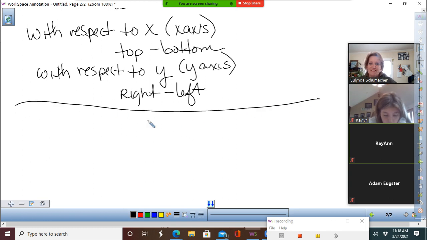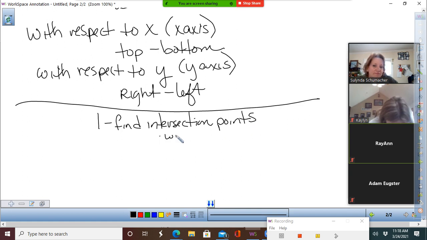So here's the deal. I'm going to give you some steps that I think it's easiest to follow. So step one, what you want to do is find the intersection point. All right, and you can do that either with the calculator or we can do it algebraically.